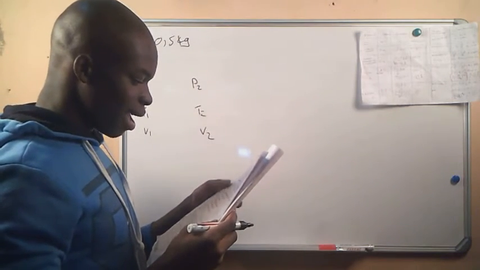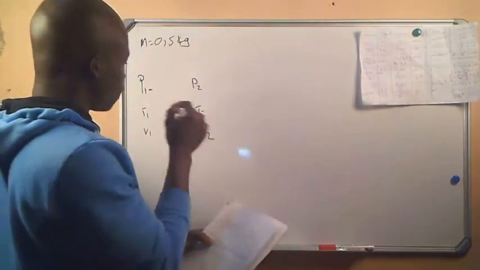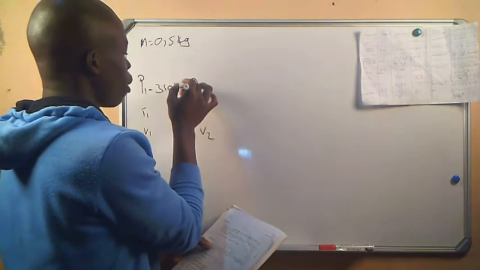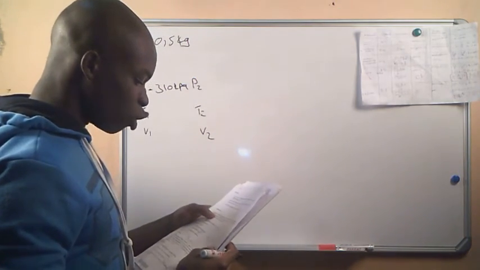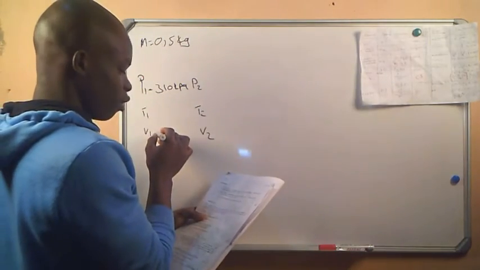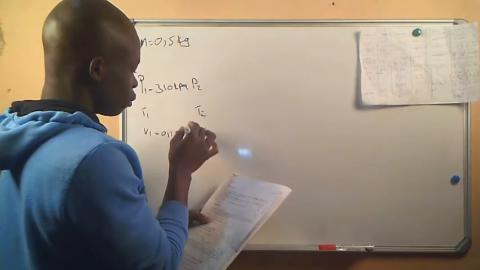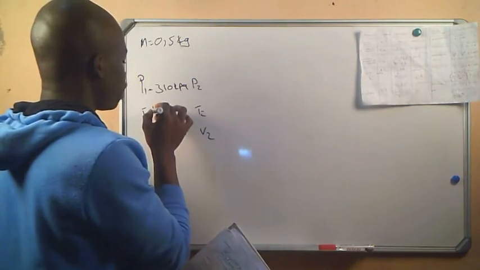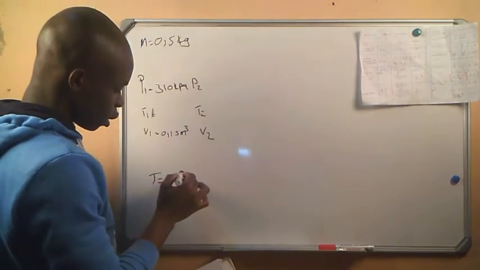They say at 310 kilopascal, that one is P1, 310 kilopascal, is compressed from a volume of, our V1 is equal to 0.15 meter cube, and a temperature.